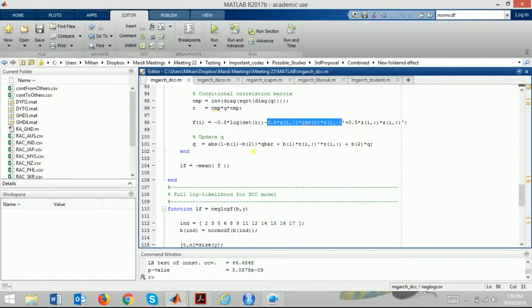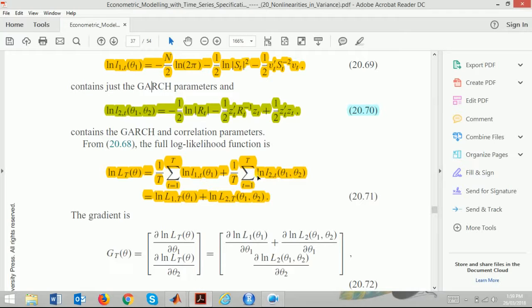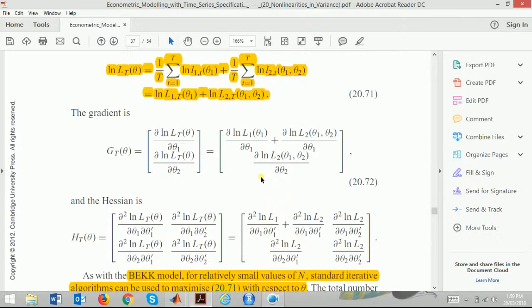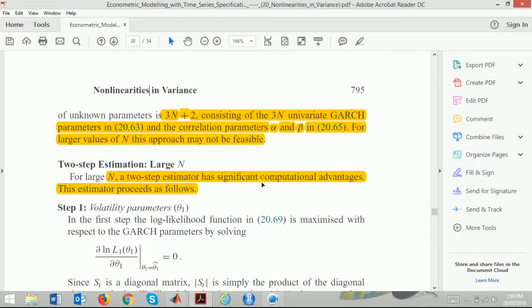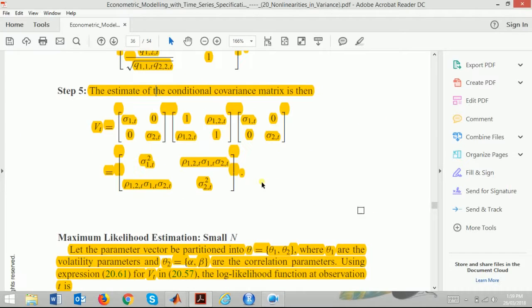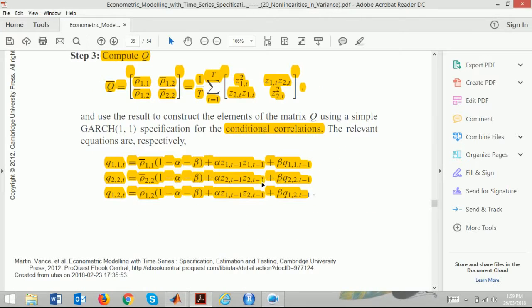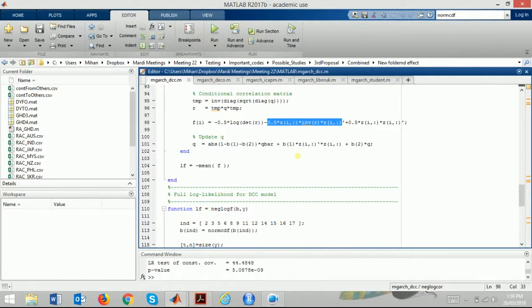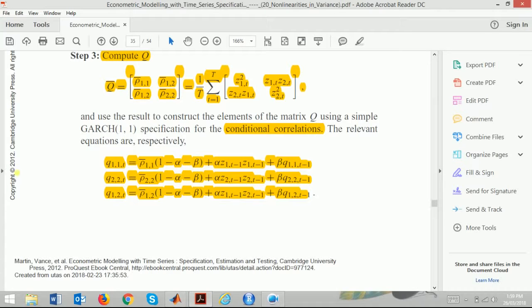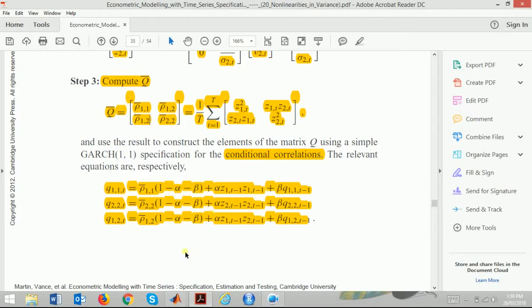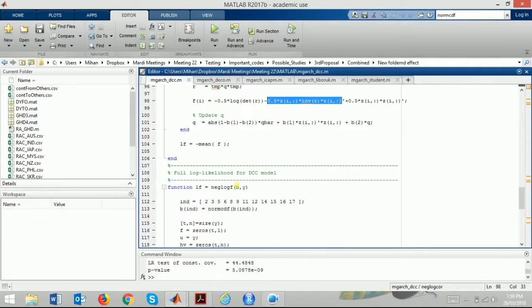Half Z over half ZZ. Same thing. Update Q: 1 minus beta 1 minus beta 2. So where is 1 minus beta 1 minus beta 2? We also saw that equation. Just wait. Here you go. 1 minus beta 1 minus beta 2, beta 1 Z Z transpose, beta 2 Q, is the same equation.